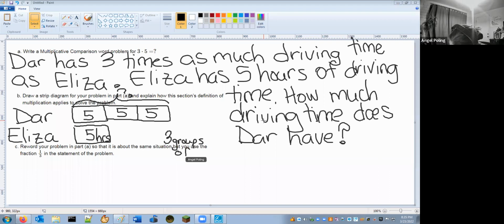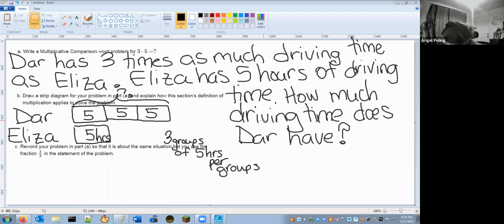3 groups of 5 hours per, for lack of a better word, groups, right? 3 parts of 5 hours per part, 3 compartments of 5 hours per compartment, right? However you want to word that, box, square, strip of the strip diagram, for example.